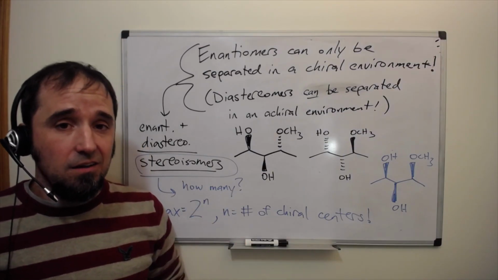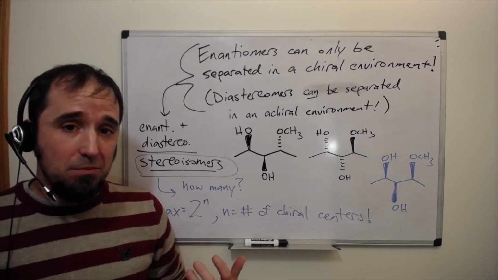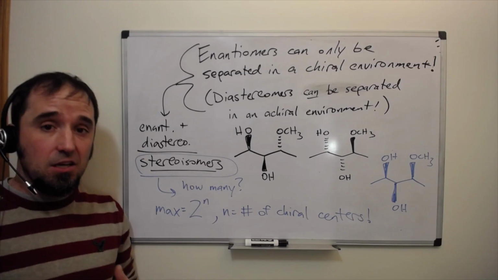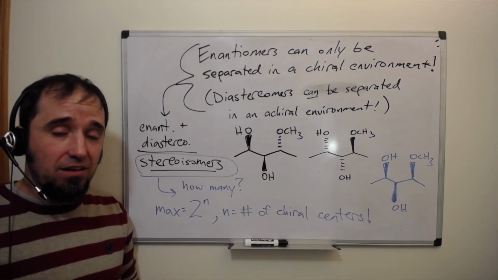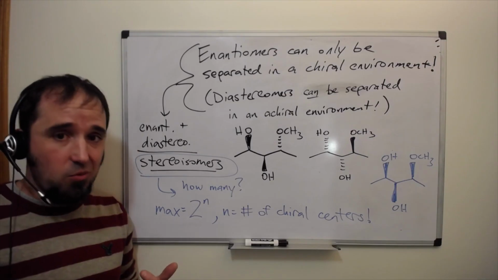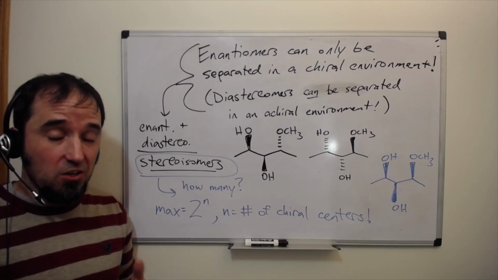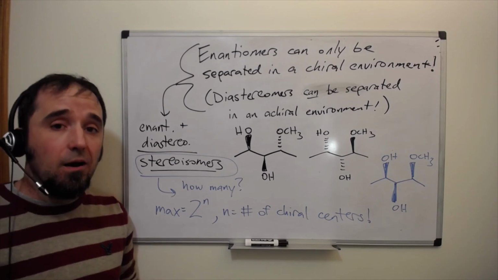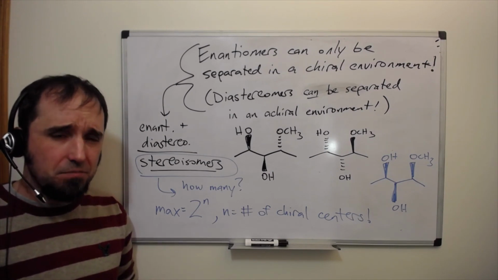They are different shapes, but with the same atoms connected in the same order. So diastereomers can be separated in an achiral environment, by boiling point difference, melting points, all the things that you will learn about in organic lab, hopefully. But enantiomers require a chiral environment.